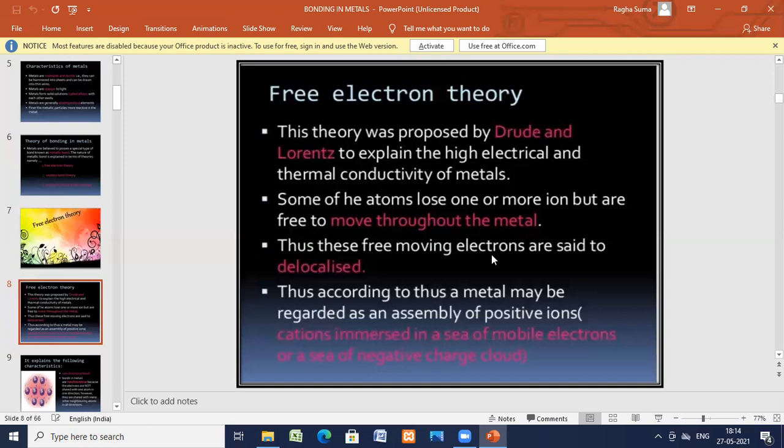Thus, the freely moving electrons are said to be delocalized, as they keep on moving. According to this, a metal may be regarded as essentially positive ions, or cations, immersed in a sea of mobile electrons, or a sea of negative charge cloud.